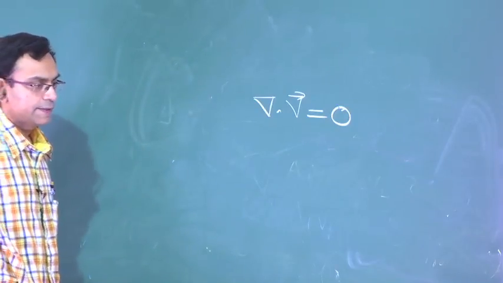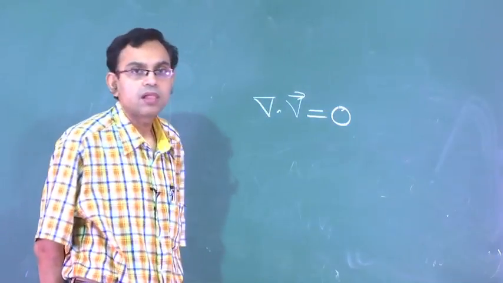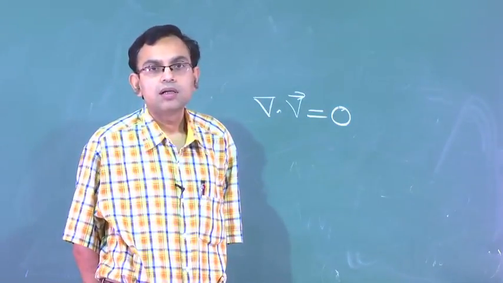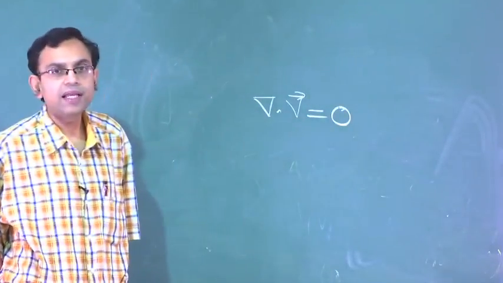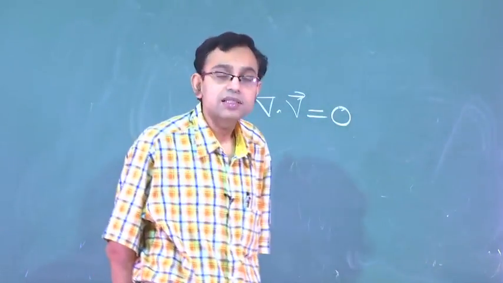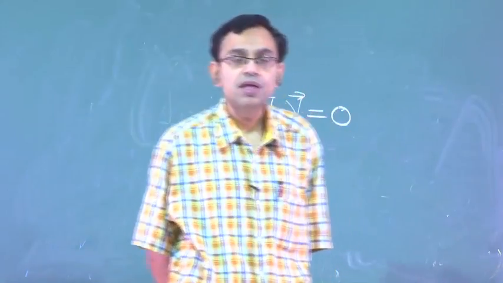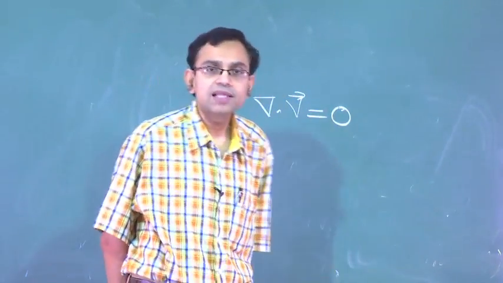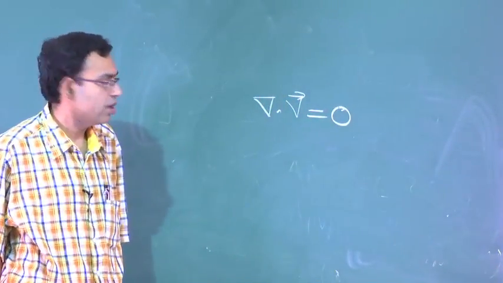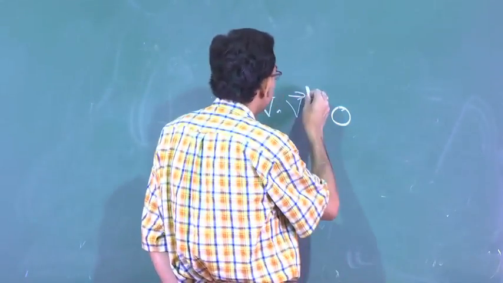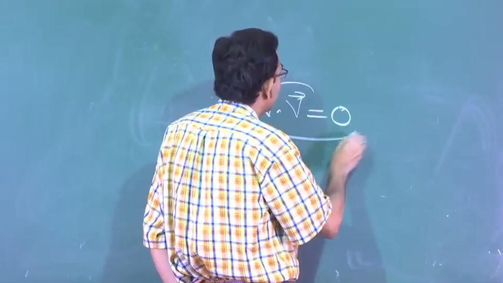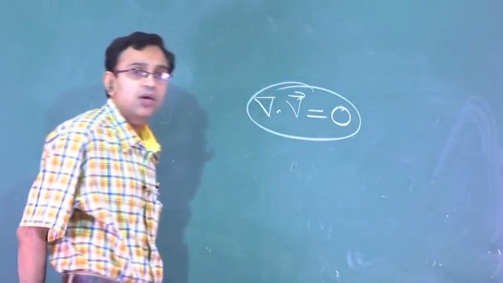Can you get an idea of whether the flow is steady or unsteady from this equation? Clearly the answer is you cannot. The reason is that this is a purely kinematic equation.